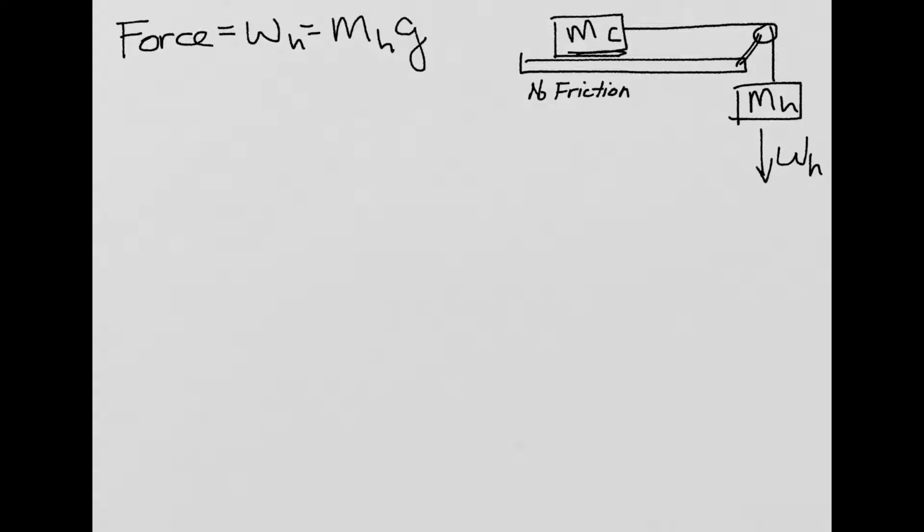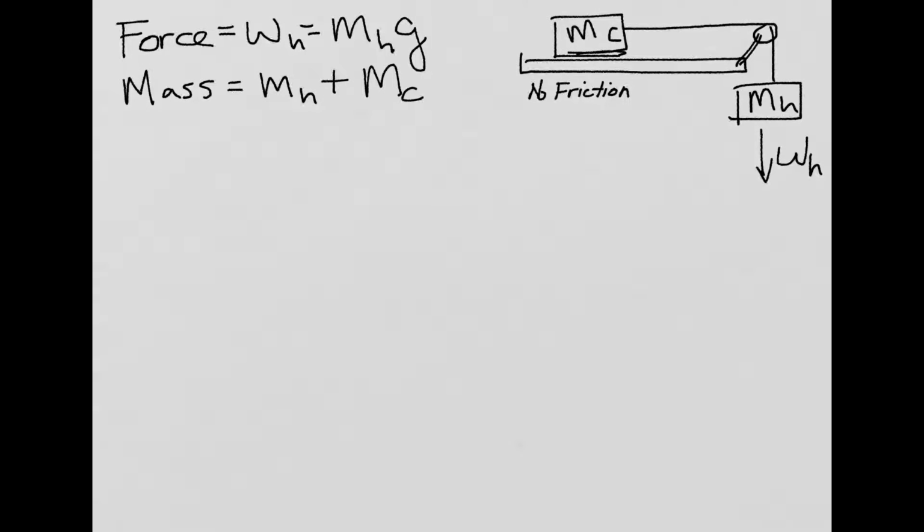What accelerates because of that force? Well, certainly the hanging mass accelerates. So that's part of it. But also because the string is connected to the cart, internal to our system, the force due to the weight of the hanging mass also accelerates the cart.